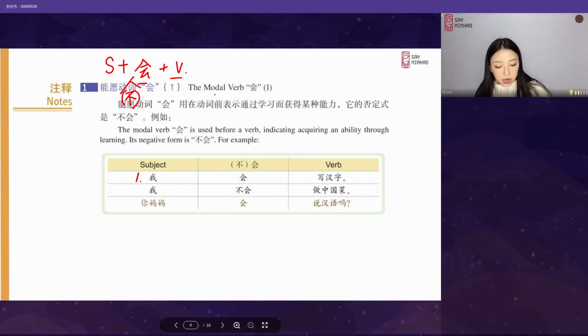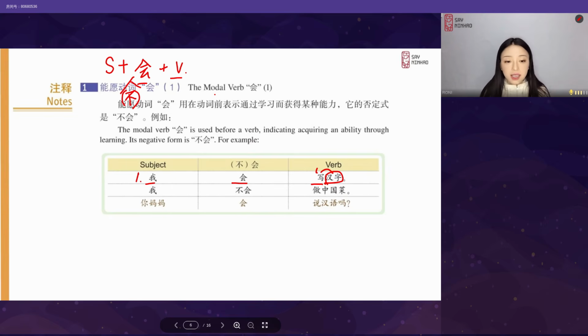The first example is 我会写汉字, I can write Chinese characters. 我 is the subject, 会 means can, 写 means write, and 汉字 is the object for 写.